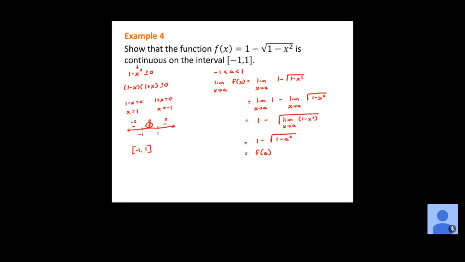Well, what that tells us then is if this limit is equal to f of a, then the limit at all values between -1 and 1 are equal to the value of the function at those points. Therefore, we know now that it's continuous from -1 to 1. Okay, so this tells us now that our function is continuous on the interval from -1 to 1.